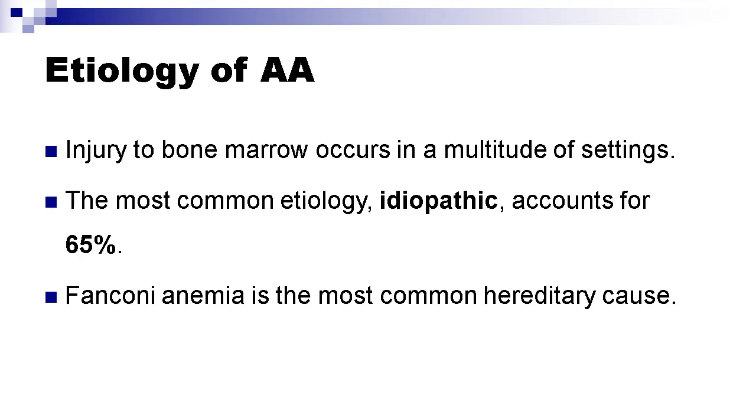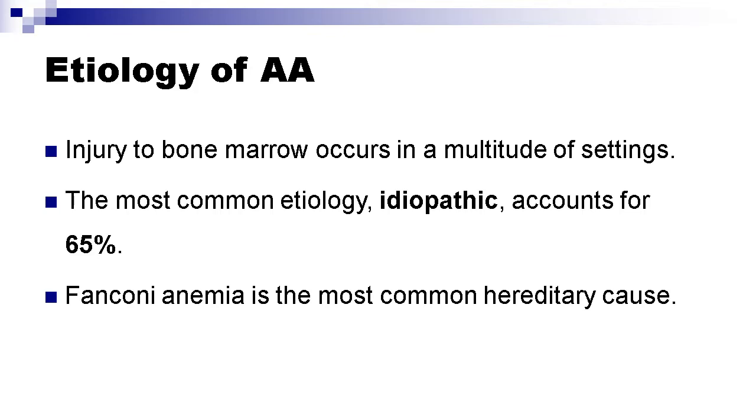There are a lot of settings of injury to the bone marrow that result in aplastic anemia. The most common etiology is idiopathic, accounting for 65%. A few cases are inherited, for example, Fanconi anemia and dyskeratosis congenita.